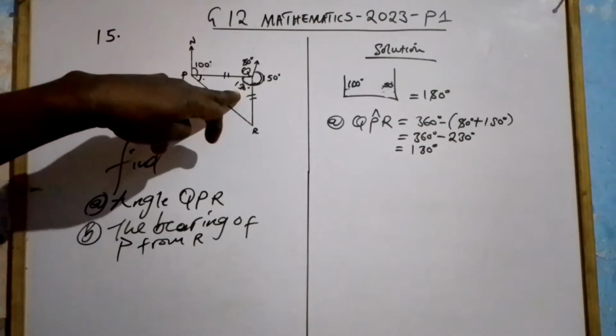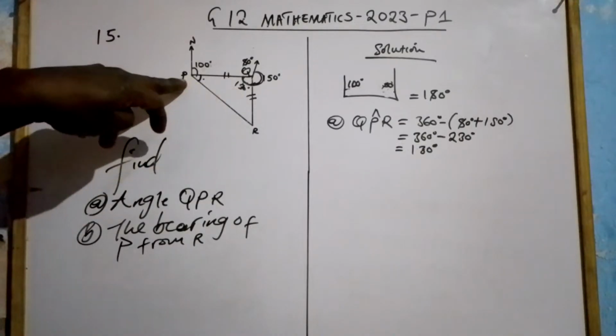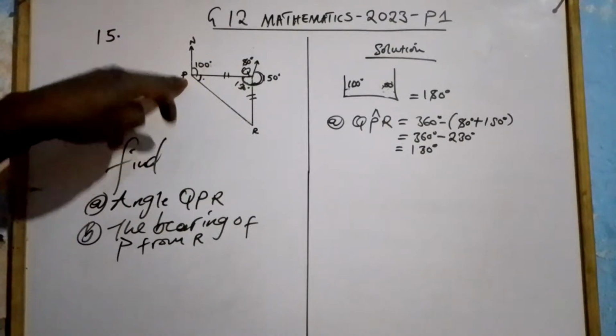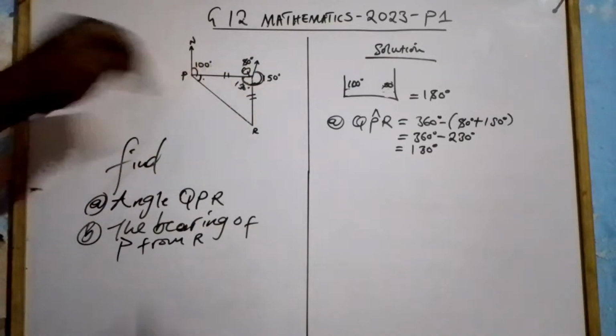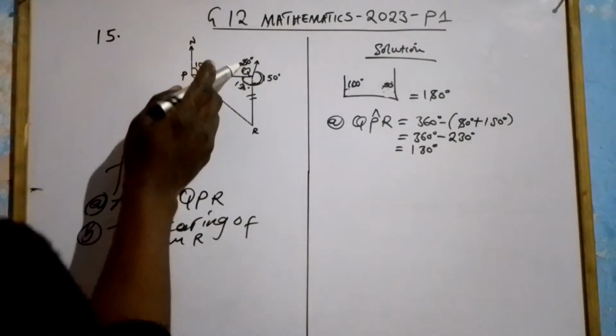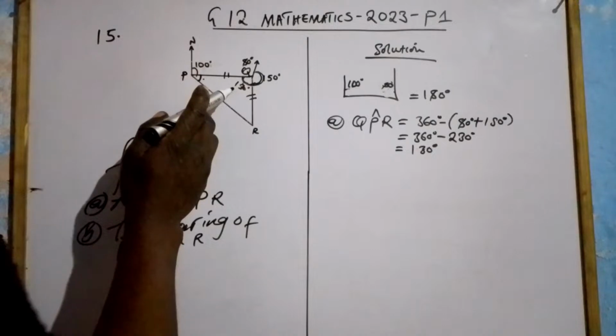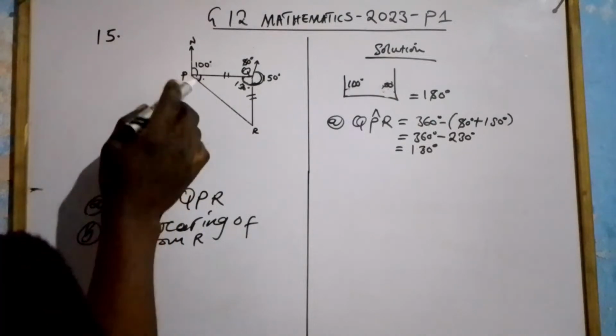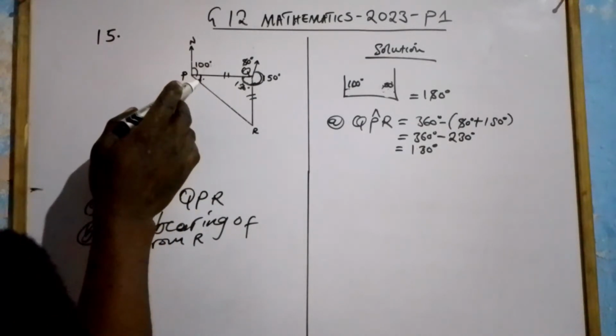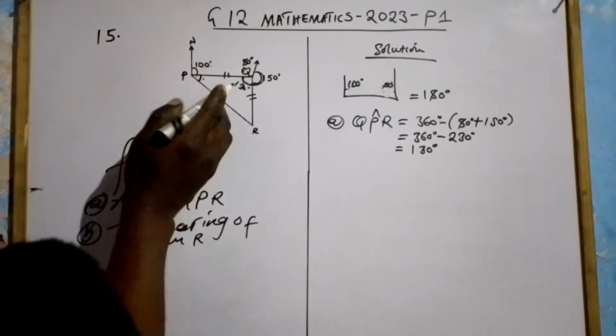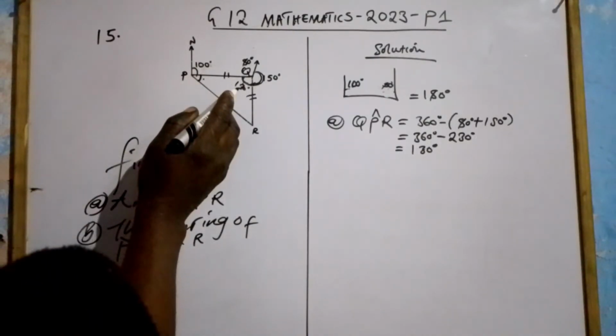This is not the angle which we are looking for. We are looking for this angle which is at P. This solution which we are finding here, first we have found 80 here, then this angle. It should direct us to find the angle which is at P. So if you can see here, there is 130.